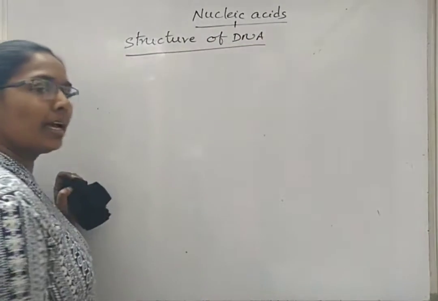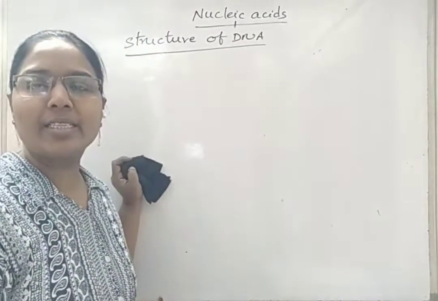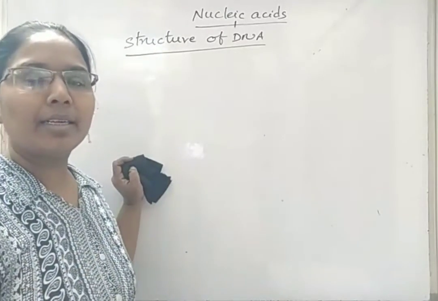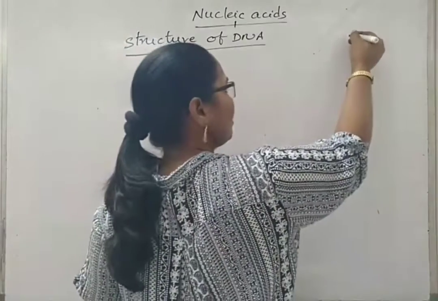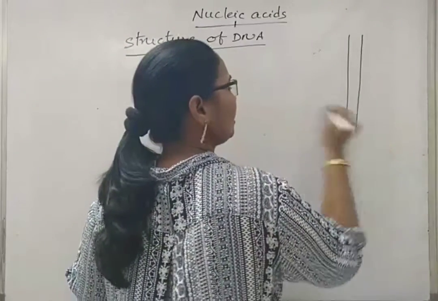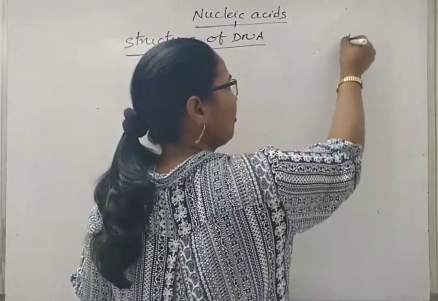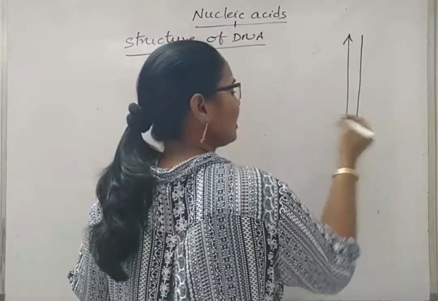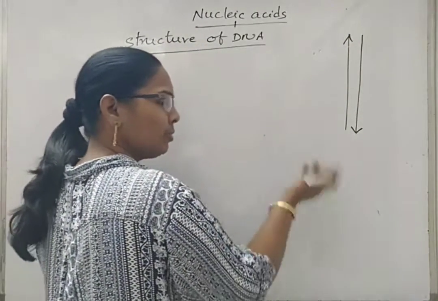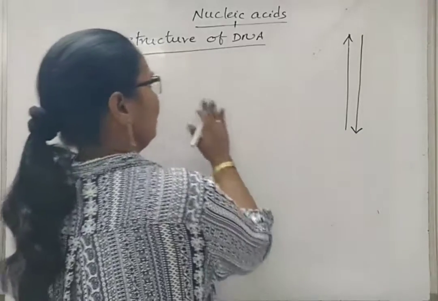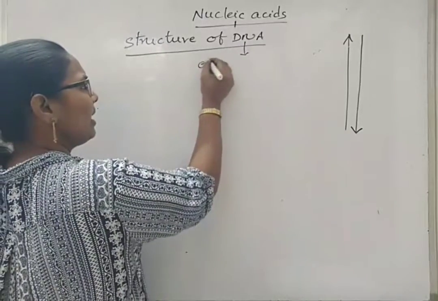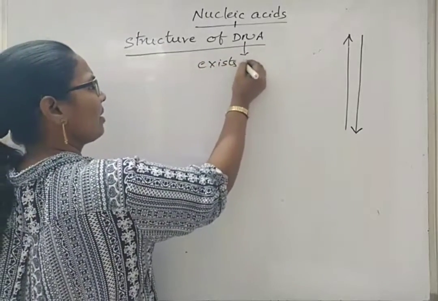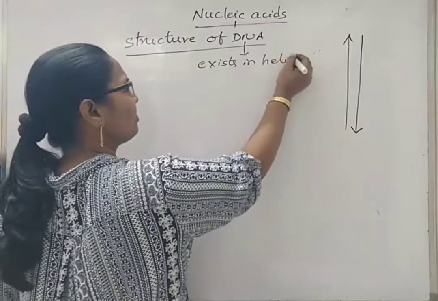DNA is having two strands that are running anti-parallel to each other. In a sense, suppose two strands are there like this in case of DNA, one will be moving one side and another will be moving towards the other side. DNA exists in helical form.